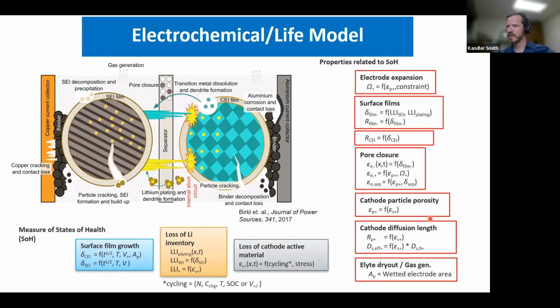The way that we're working on building this into physics-based models mainly is with the macro homogeneous pseudo 2D model. And so you can see quite a range of different parameters here. Film thicknesses, loss of lithium inventory and where it went, changes in porosity or active material which is still available for reaction, effective diffusion lengths, surface area.